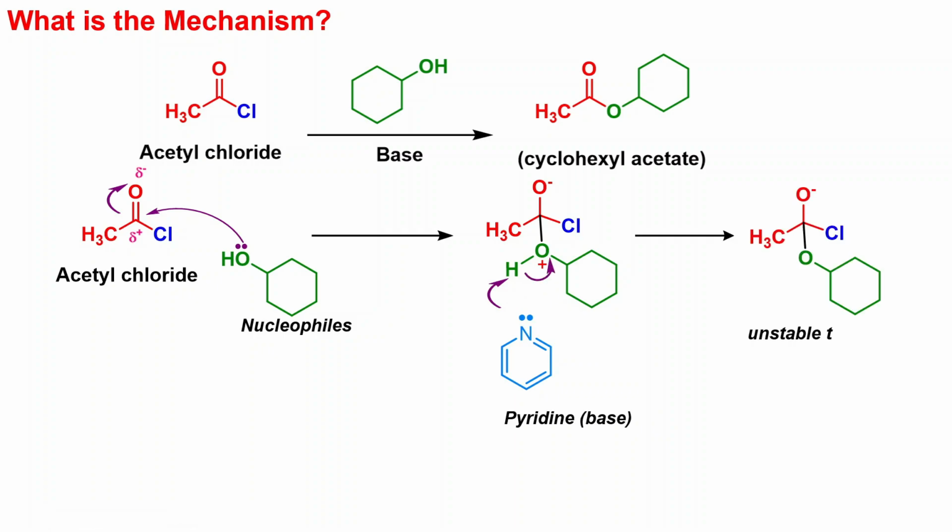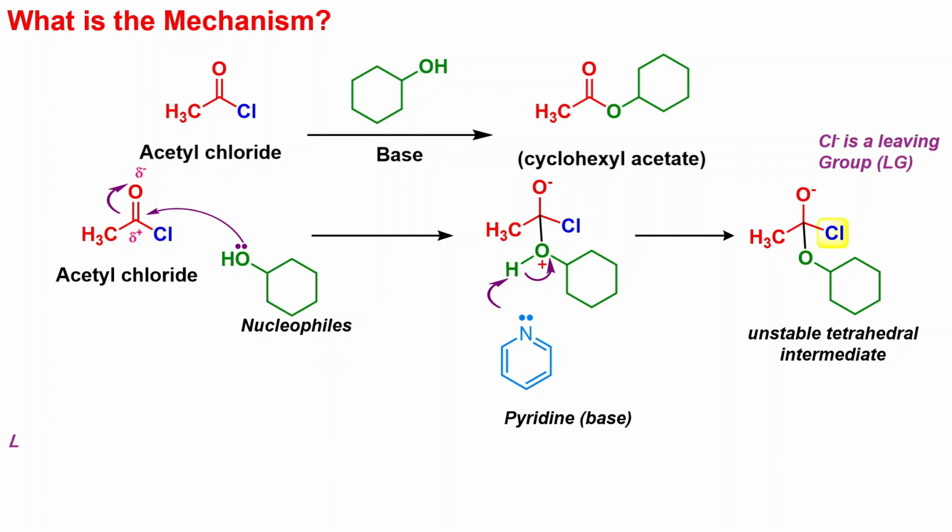So what you will end up with is an unstable tetrahedral intermediate. Since this carbon has 4 bonds and is sp3 hybridized, we call it an unstable tetrahedral intermediate. Why is it unstable? Because the chlorine here is a leaving group.